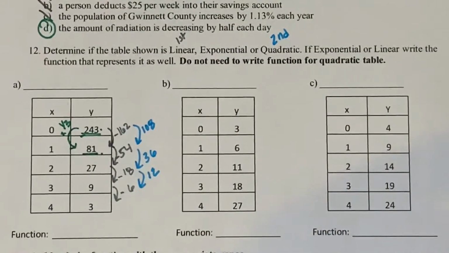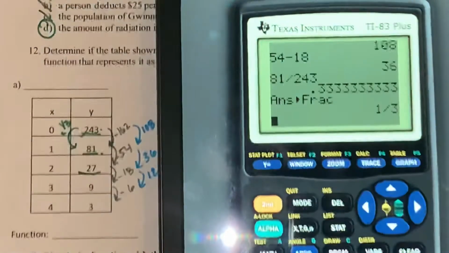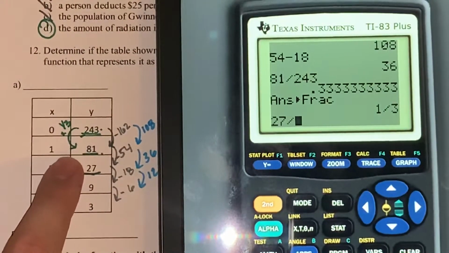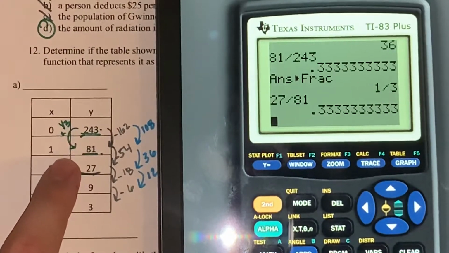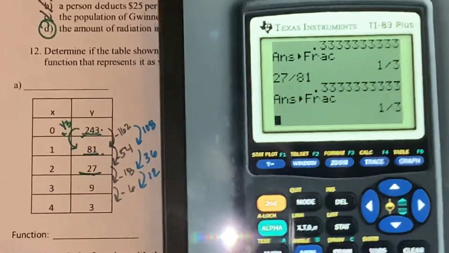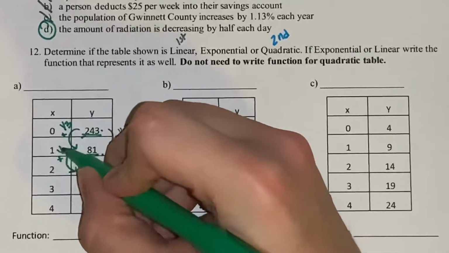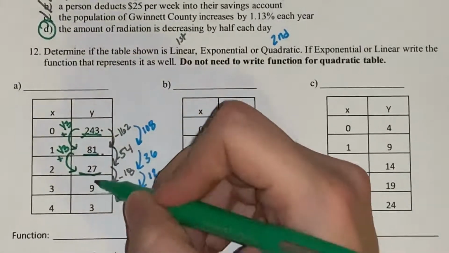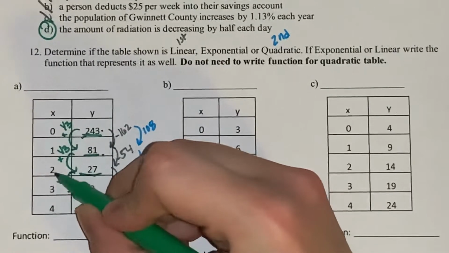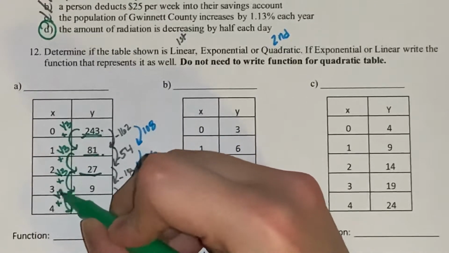Now I'm going to check the third point here. So 27 divided by 81 gives me the same decimal. Math, enter, enter, 1/3. So it's being multiplied again by 1/3. And 27 to 9 is multiplied by 1/3. 9 to 3 is being multiplied by 1/3.